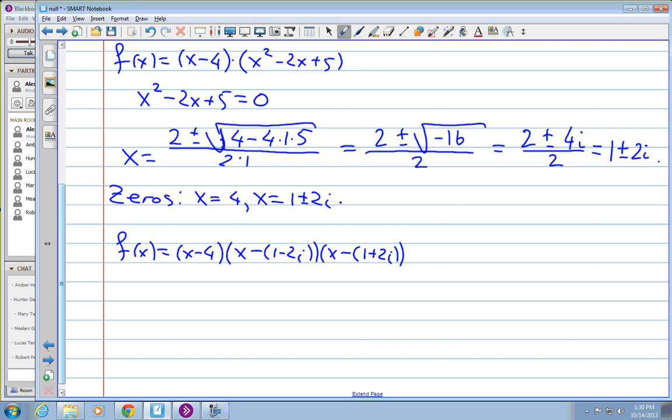So this is the product of linear factors right now. So no matter what the polynomial is, it can be written as a product of linear factors, no matter what it is. Okay? You can always go all the way down to linear if you allow complex numbers like that.